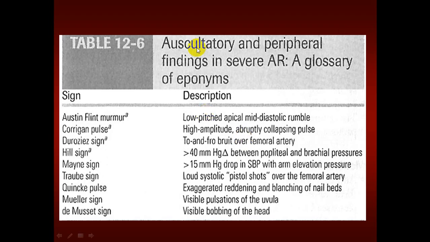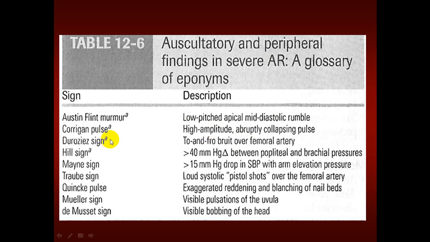There are many auscultatory and peripheral findings in severe aortic regurgitation, so I put them in a simple glossary of eponyms to simplify them. Austin Flint murmur is a low-pitched apical mid-diastolic murmur. Corrigan sign or pulse is a high-amplitude, abrupt collapsing pulse.